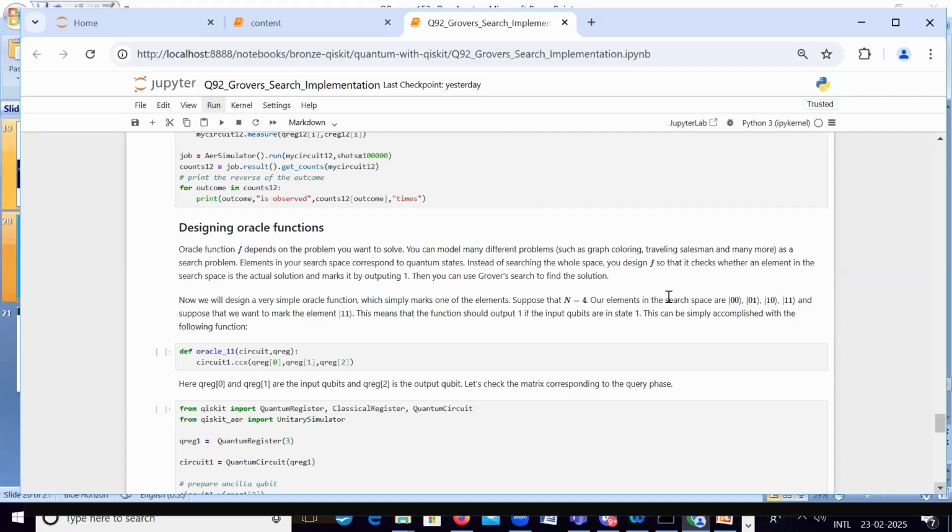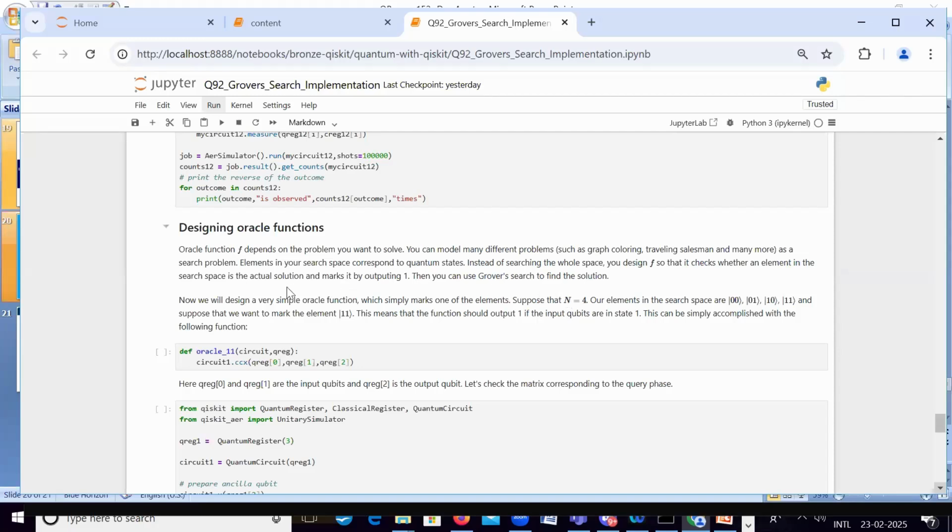That can be used for graph coloring and many different problems. I mean, this Oracle function can serve as a model for many problems. One is graph coloring, another is the traveling salesman, and many more.